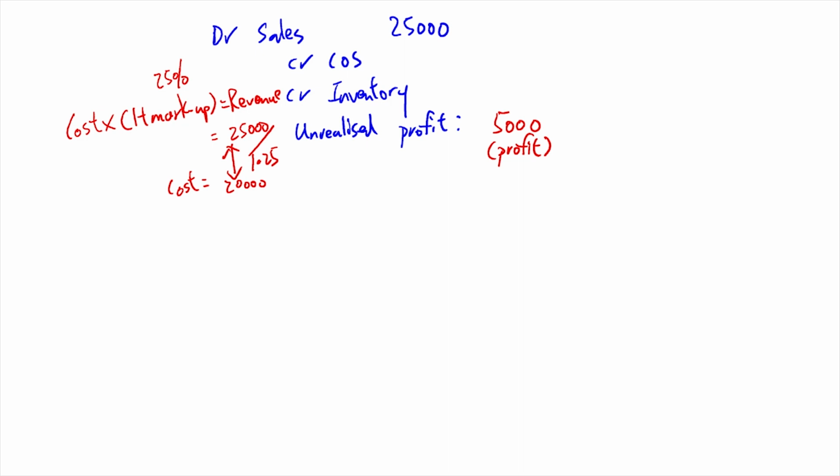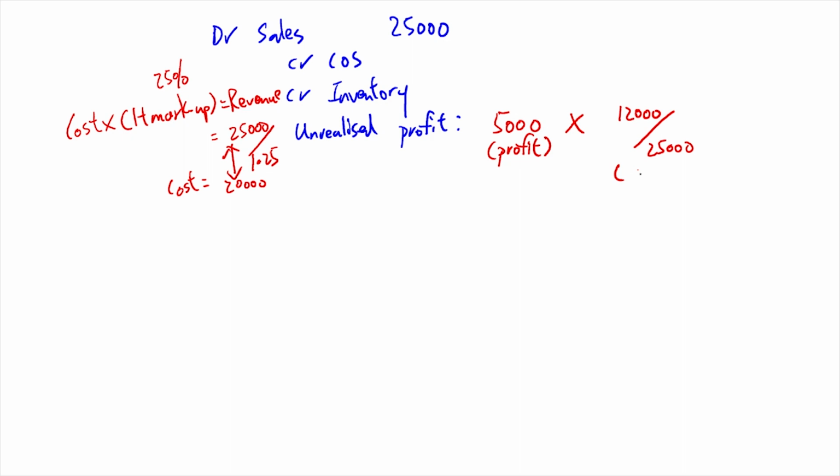But we are interested in unrealized profit. Unrealized profit is to find out how much of this inventory is still on hand. And based on the question, it says that 12,000 of that inventory is still on hand. But that's not a percentage. You need a fraction or a percentage to work out how much of those inventory is still on hand. So you're going to divide it by the 25,000.